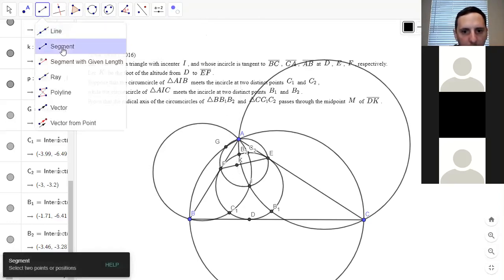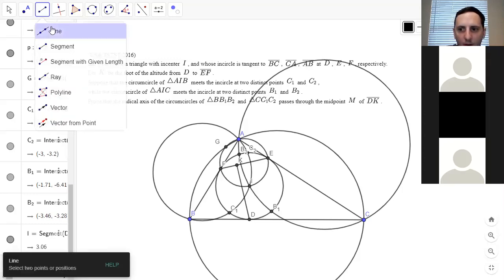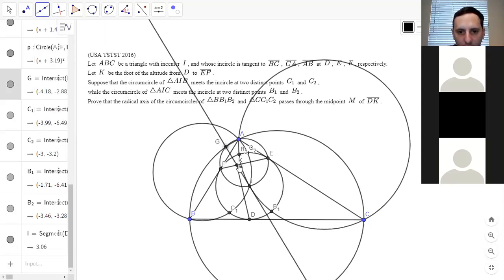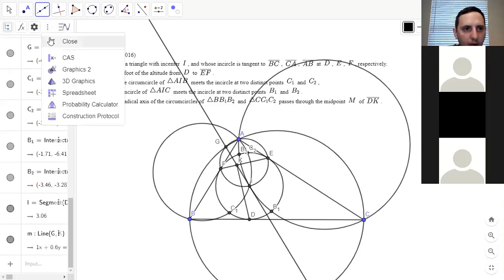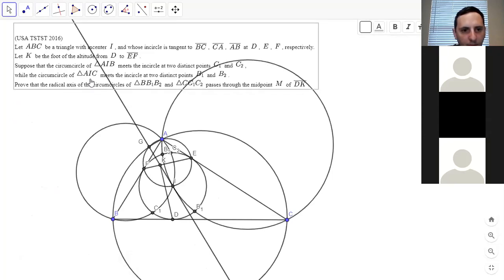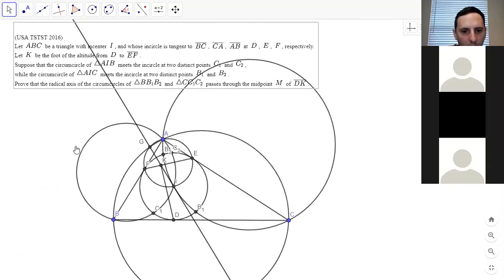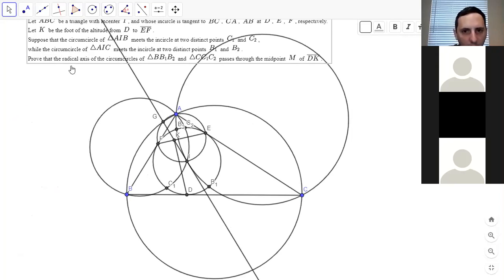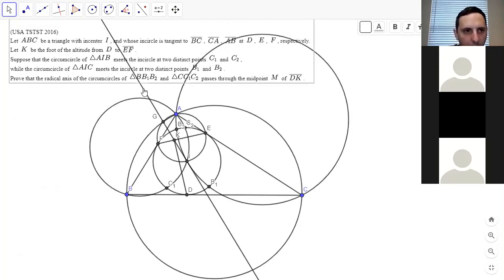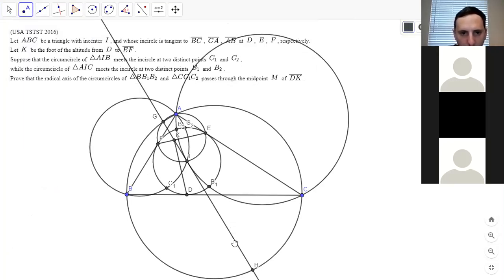And let me draw the line GK, which passes through the antipode of A. I don't know how much that would help, but I'm just going to draw it for now.